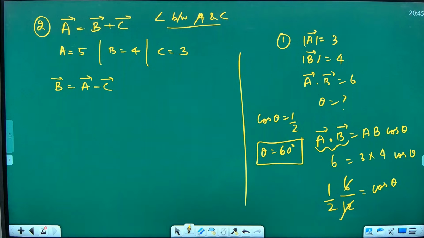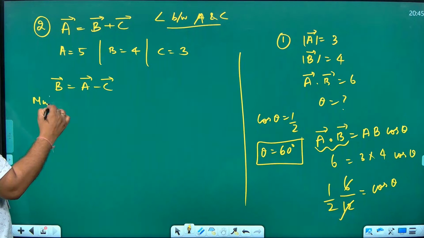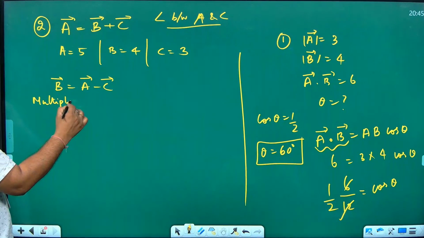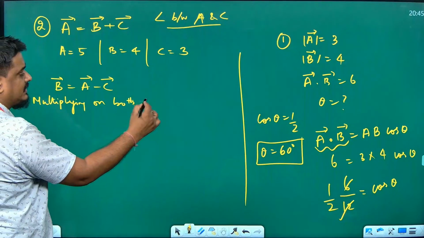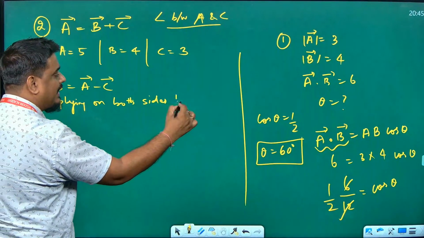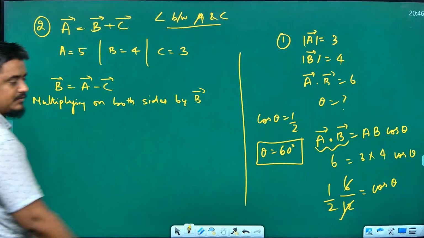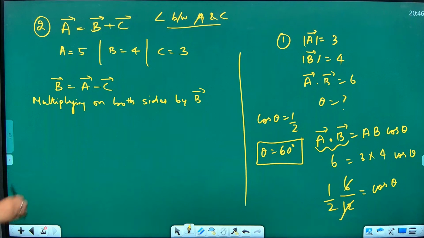Understanding what I am doing? Now on both sides I am multiplying by B vector. Multiplying means dot product obviously.